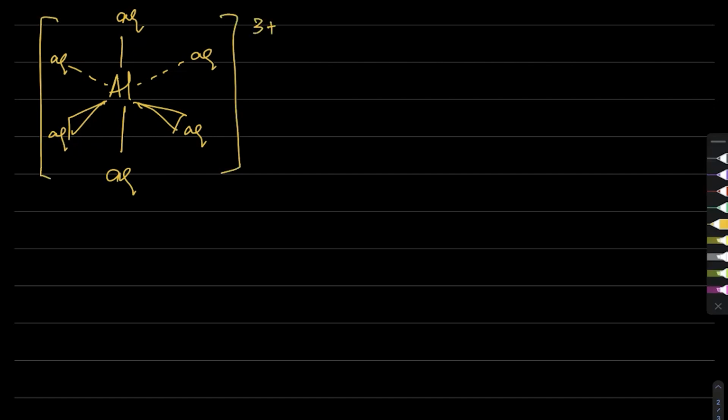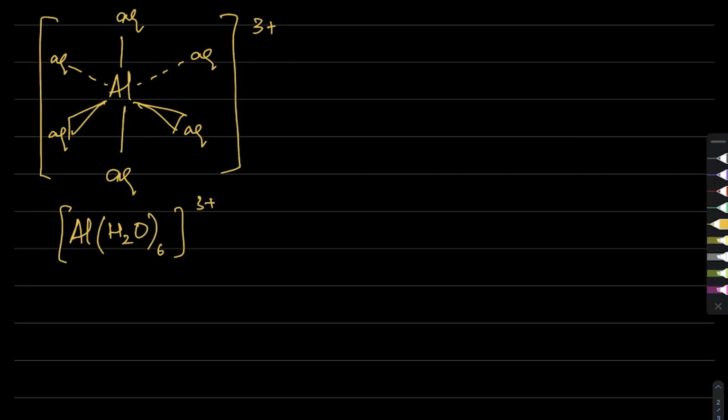This is called aluminum with 6 water, and I'll write that as aluminum and 6 water with a +3 charge. And this is called aluminum hexahydrate. Now, here's what happens if I put it in water.